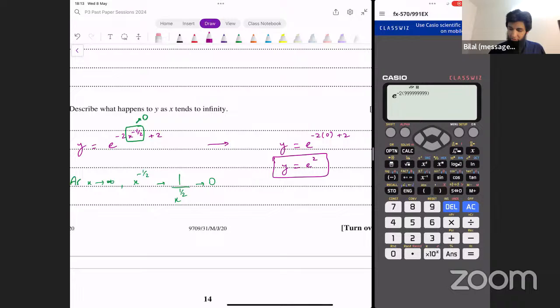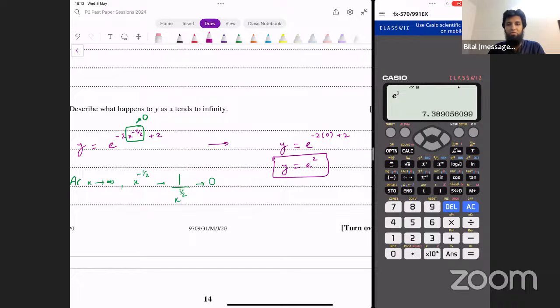Raised to the power minus 0.5 plus 2. And that gives us 7.389. That's very close to e squared, basically. E squared is this number, right? 7.389. So you could do it that way as well, and that will also be acceptable as long as they are not asking you for an exact answer.